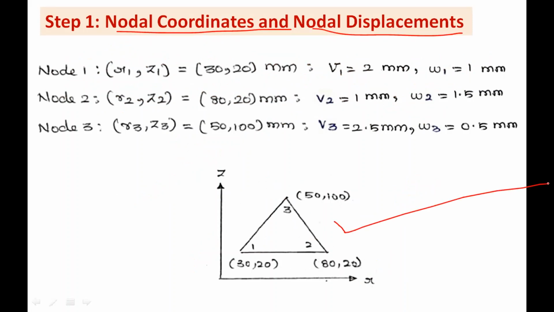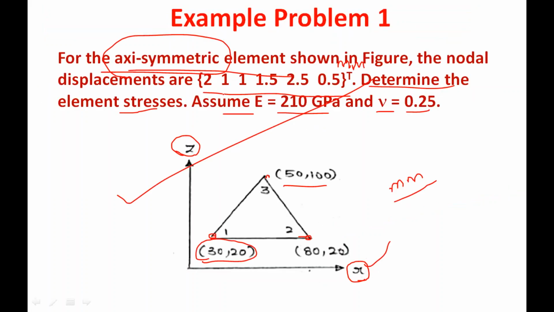So this is the given axisymmetric element. Node 1, we have nodal coordinates R1, Z1 equal to 30, 20 mm. The displacement is U1, U1 is equal to 2 mm. W1 is 1 mm. So here it is given like this: 2, 1, 1, 1.5, 2.5, 0.5, right?